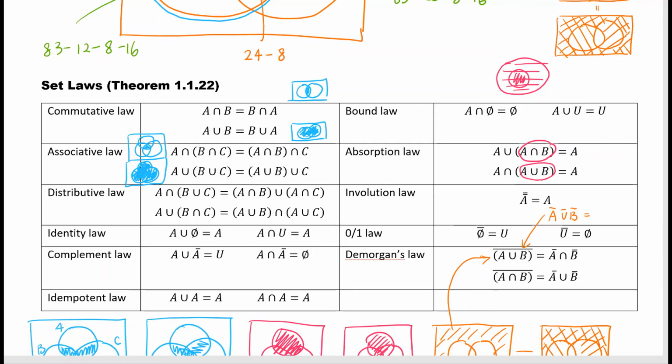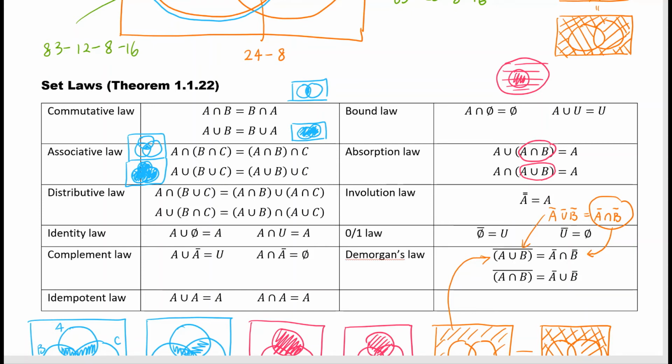It flips it, right? So it was union, but the complement flips it. Now it becomes intersection. So you see, we get this here. This is just a quick way to memorize this formula. The complement really acts like the negative sign.